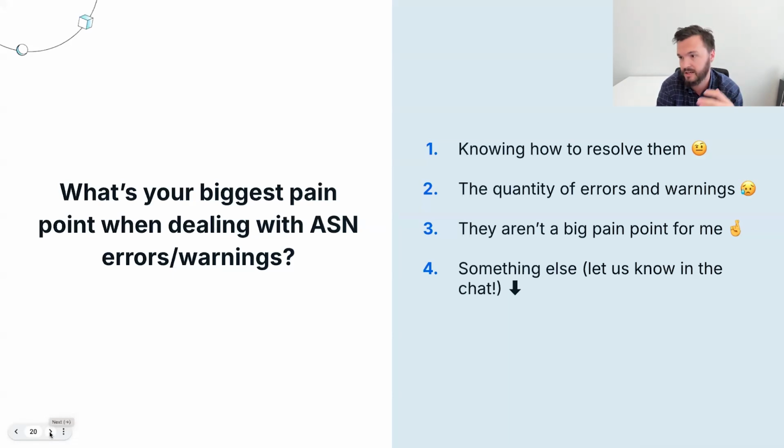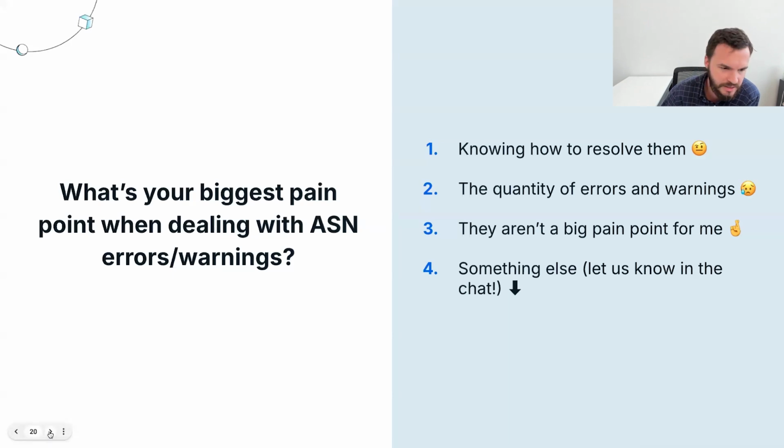Depending on your role, that could be a huge issue, just this flood of them all of a sudden with this new update. And we did get one person say it's not a big pain point for me, which is a win. We're going to count that as a win. And we didn't get any of the et ceteras, that there's a different thing going on too. So that makes us feel great.